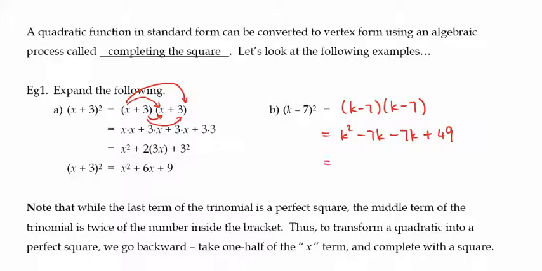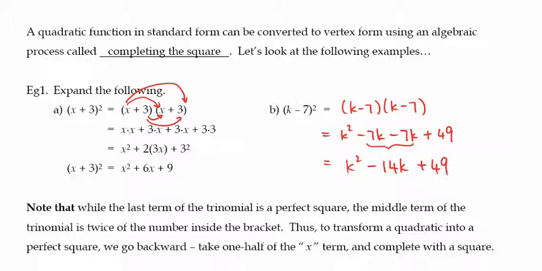The two middle terms, once again, give us the same value, like the previous example, 3x plus 3x. This time we have minus 7k minus 7k. You will be getting the same term twice when expanding your perfect square.